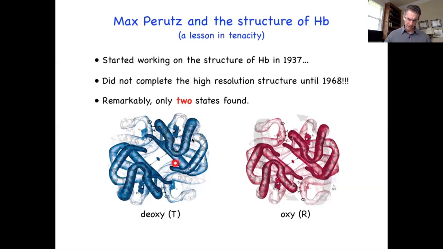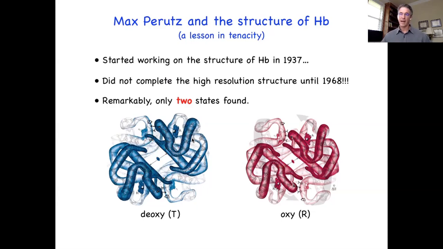The tertiary structure of the individual subunits between the T and the R state is virtually indistinguishable in the crystal structures. They can see no significant difference within the error of the ability to pin down where those atoms are. They look the same, right? And all the structural changes they could see happen at the interface between the subunits.